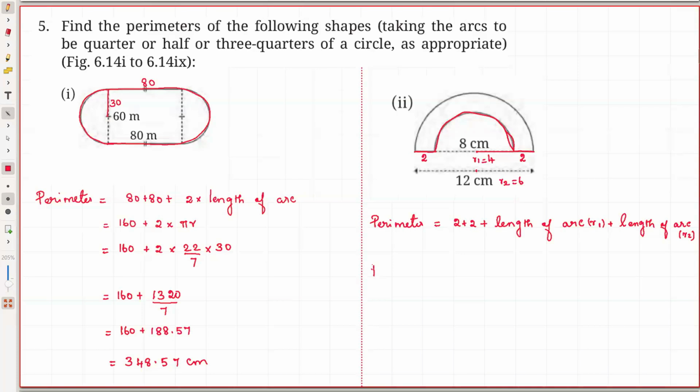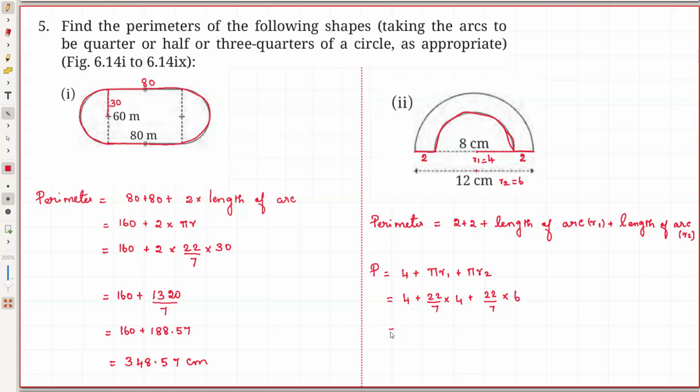Perimeter is equal to 2 plus 2 is 4, plus pi R1 plus pi R2. So 4 plus pi value 22 by 7 into radius 1 which is 4, plus 22 by 7 into radius 2 which is 6. Simplify and you will get the answer.